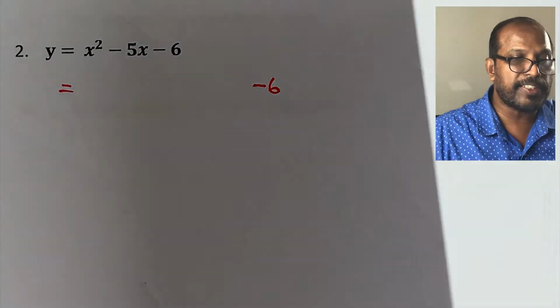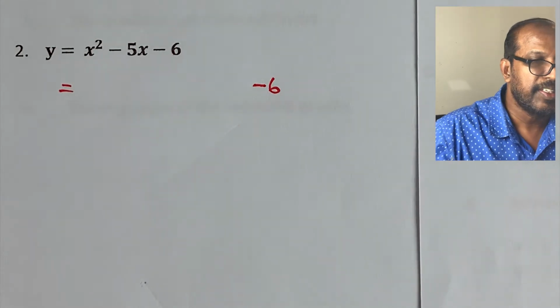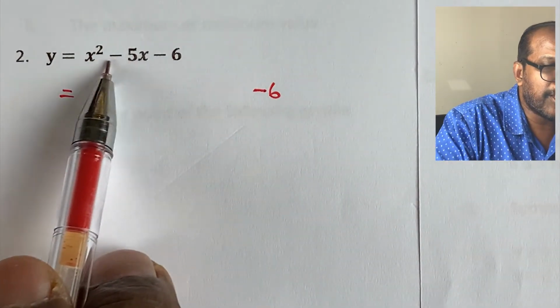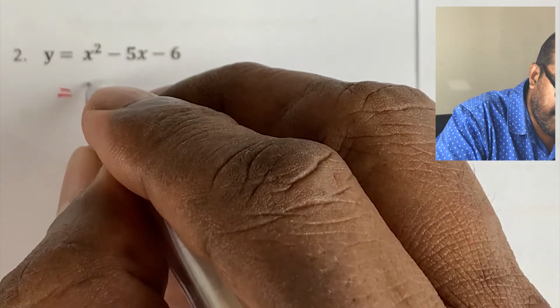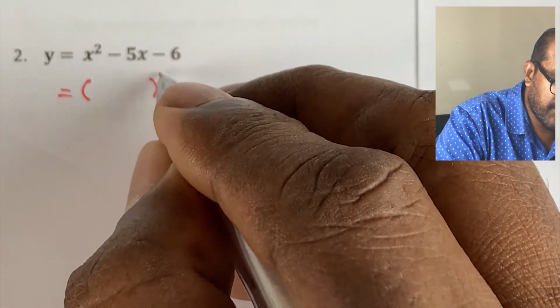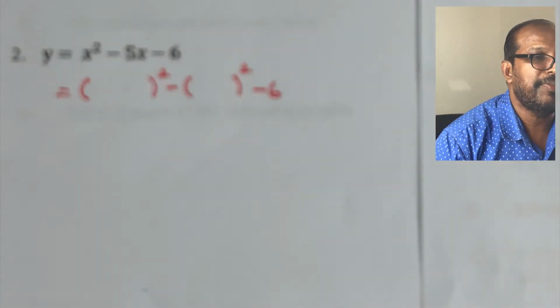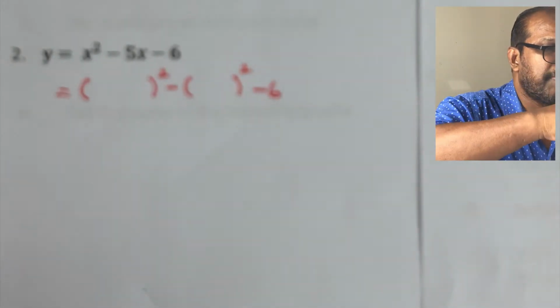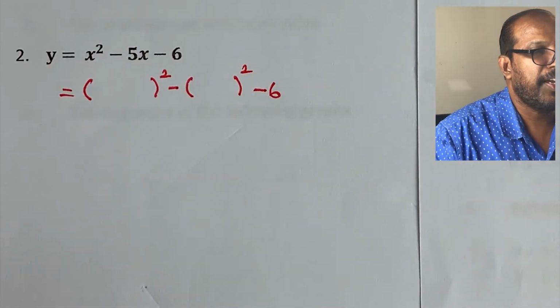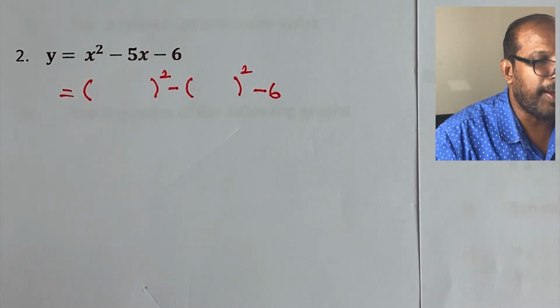Here we're going to factorize this part, x squared minus 5x. So I put the bracket square minus bracket square method.